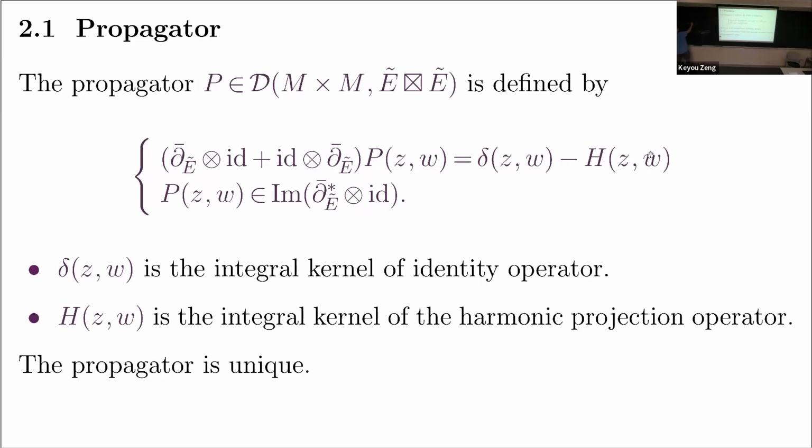We have two projection maps here, one is pi1, the other is pi2. So E tilde box times E tilde equals the pullback of E tilde along pi1 tensor the pullback along pi2.